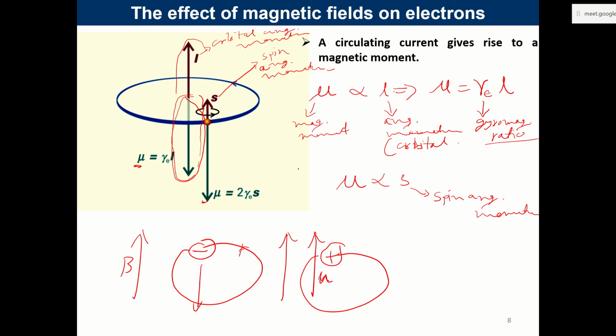If you have a magnet, it has a north pole and a south pole. You start from this and it connects like this, so something like this happens, and this is the direction of the moment that we are talking about.